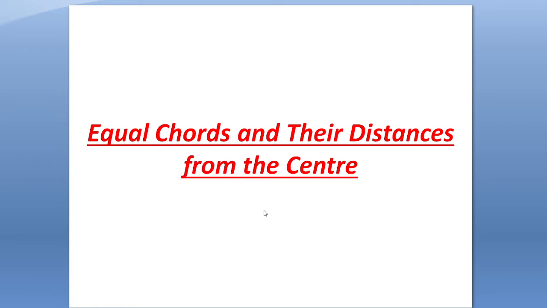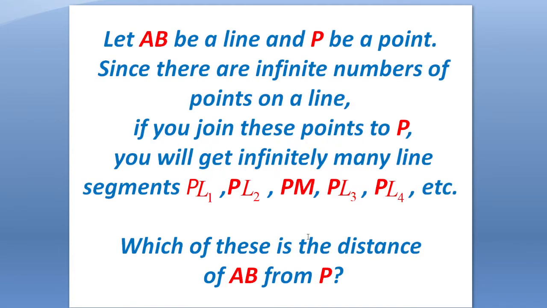Now the next point is equal chords and their distance from the center. So let AB be a line and P be a point.